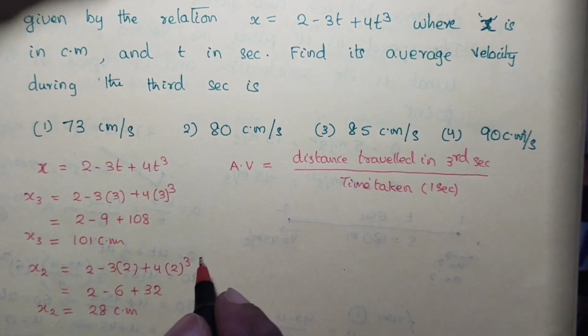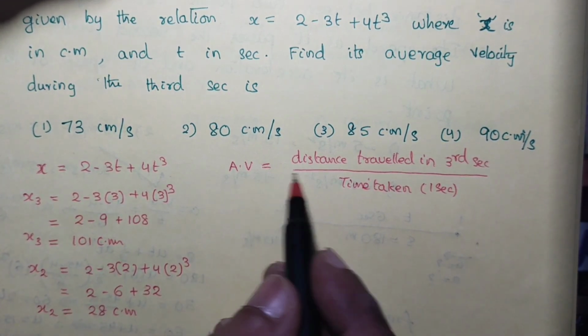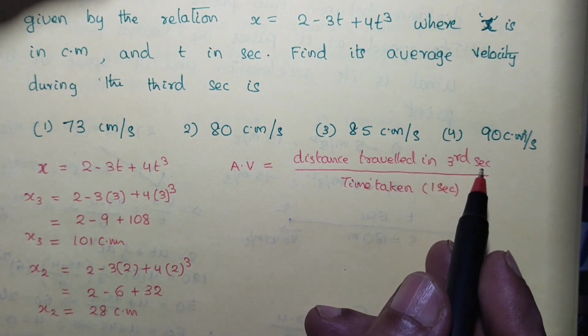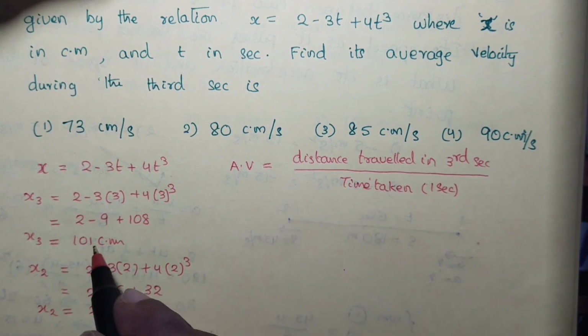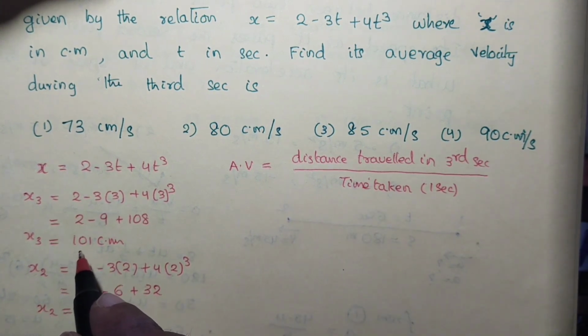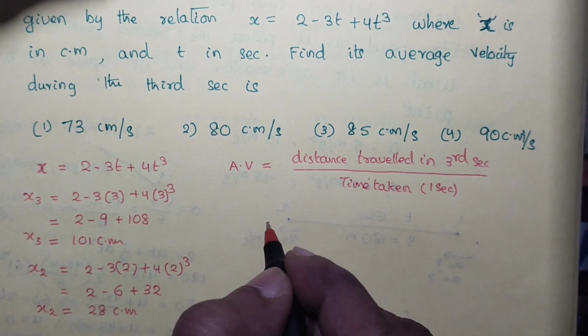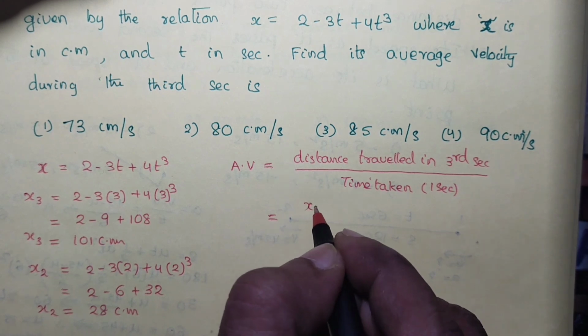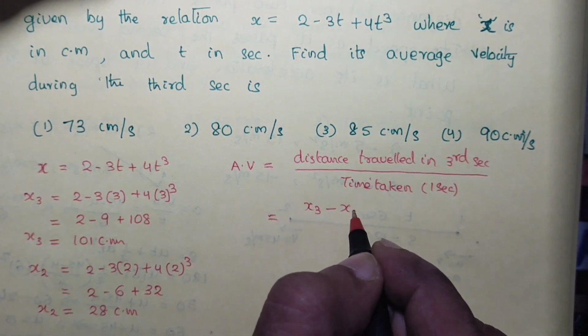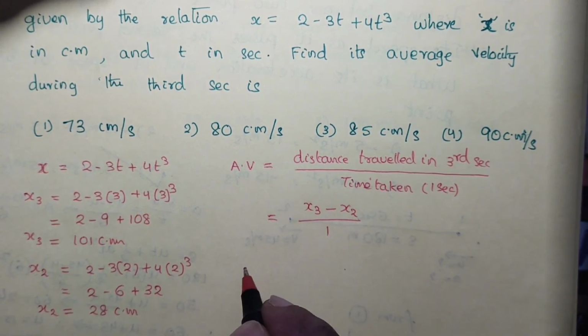This is x2. So here, distance traveled in the third second, how can we get it? The difference between the distance traveled in 3 seconds and the distance traveled in 2 seconds. That means x3 - x2 by time taken, which is 1.